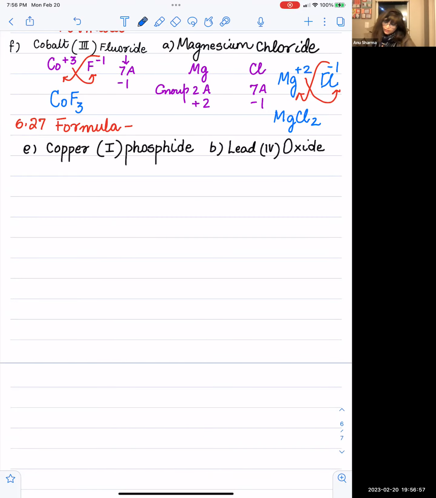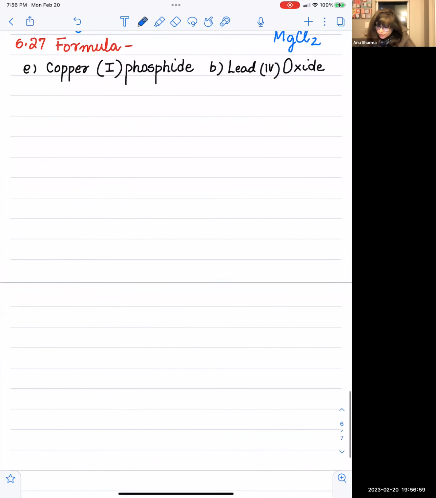Now let's look at the next one, copper 1 phosphide. Remember that phosphide means it's just phosphorus by itself. And copper 1 is Cu and the charge is +1. Remember, phosphorus is in group 5A. The charge is -3. I've already put this in the table that I showed you earlier, and secondly, you have to memorize it. Now crisscross: this number comes here and this number comes here.